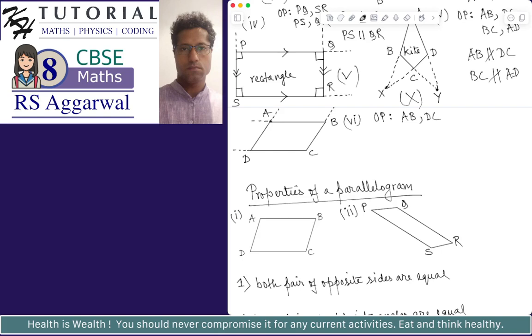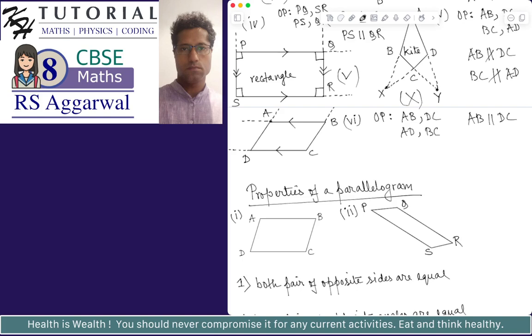The other pair of opposite sides is AD and BC. Let's see whether AB is parallel to DC or not. As per the indication of the dotted lines, the sides AB and DC, when extended, are not meeting at any point. So they are parallel to each other. So AB is parallel to DC.